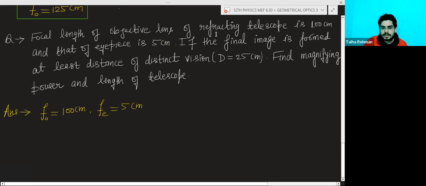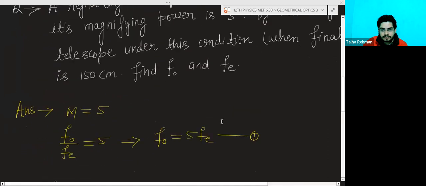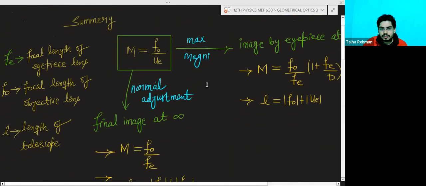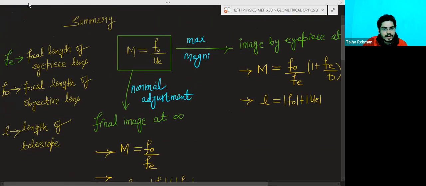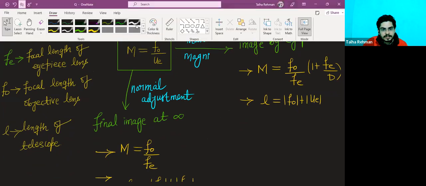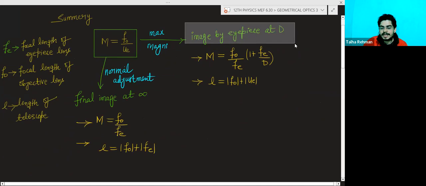If the final image is formed at the least distance of distinct vision, means final image is forming at D, then it is a case of the maximum magnification.